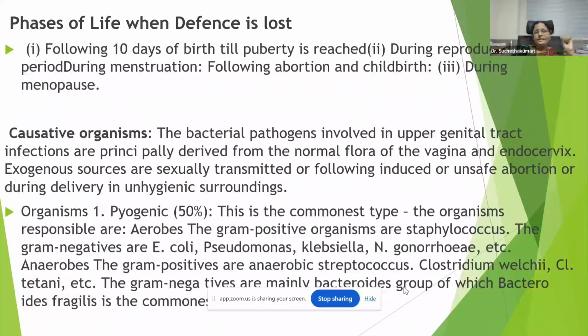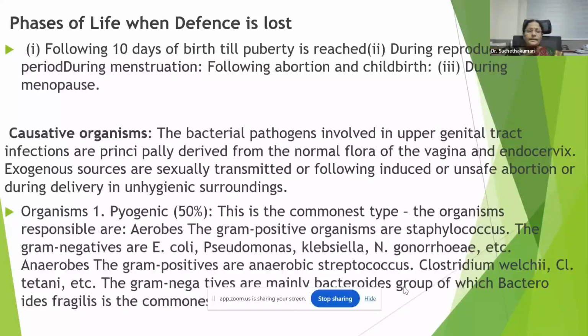Next, suppose there is infection, what types of organisms will be present in the reproductive tract? These are the common causative organisms seen in the genital tract. The bacterial pathogens involved in upper genital tract infection are principally derived from the normal flora of the vagina and the endocervix.